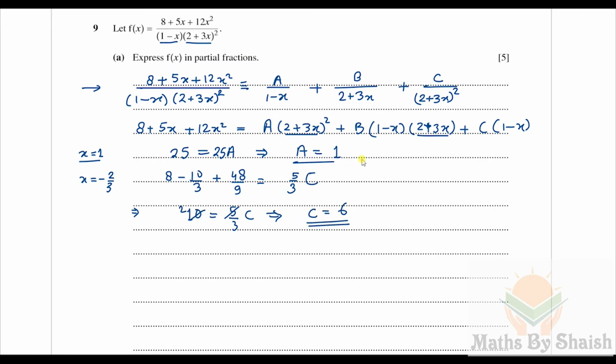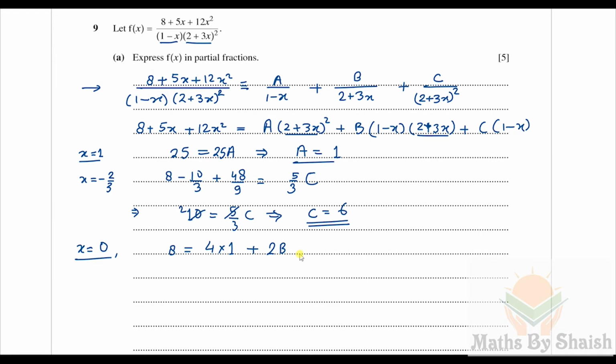Let's put anything to get the value of b. The easiest one is, let's put x is equal to 0. When we put x is equal to 0, this is gone, this is gone, we are left with 8 on the left hand side, and on the right hand side it is going to be 2 square 4 times a, 4 times a is 1, because a is 1 here, 4 times 1, plus b times 1 minus 0, 2 plus 0, so it is 2 times b, and plus x is 0, so it is c, so plus 6.